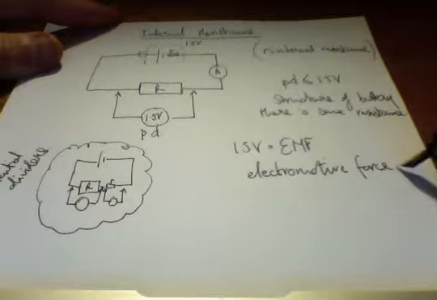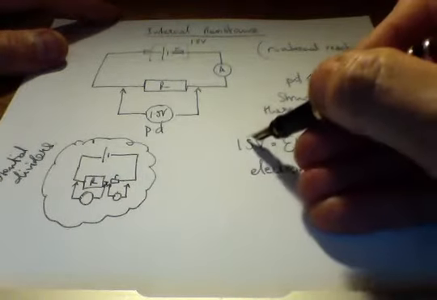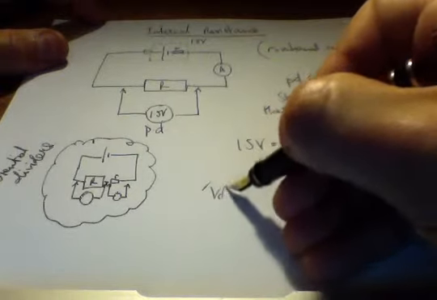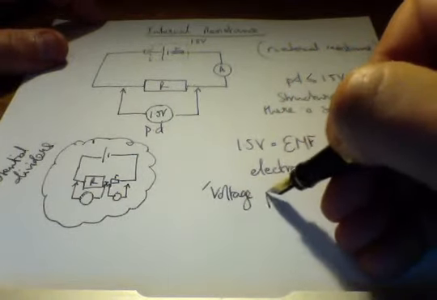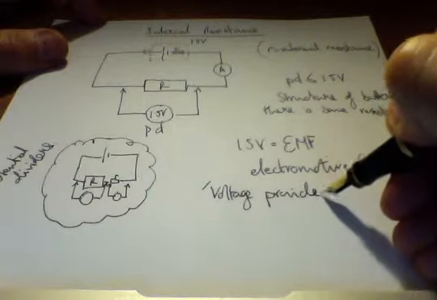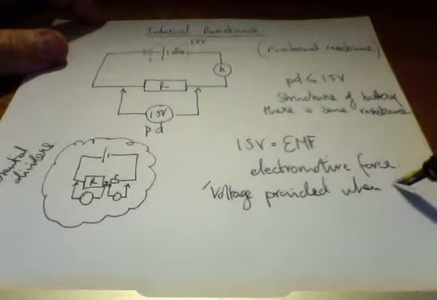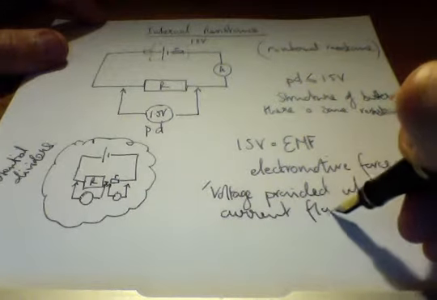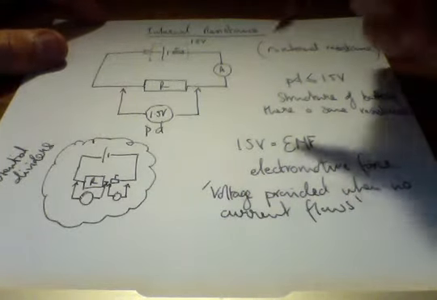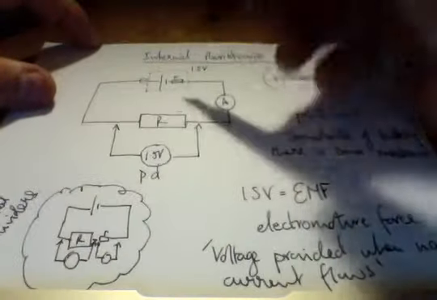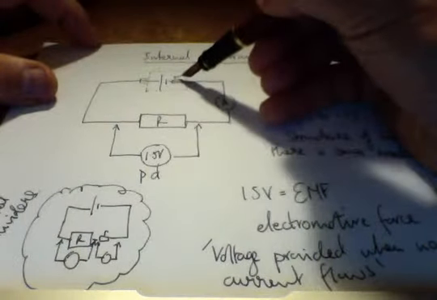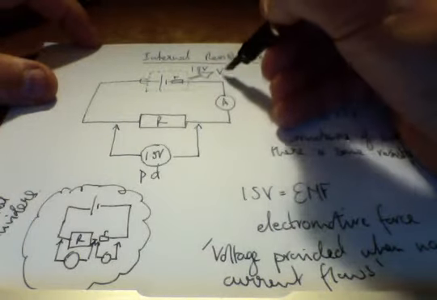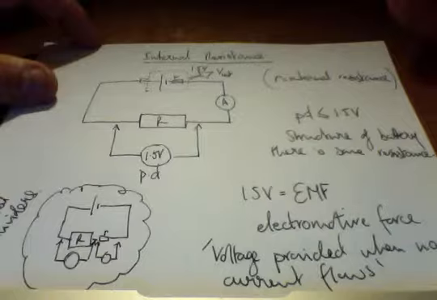And that means, if we need to define it, it's the voltage provided when no current flows. When current flows, of course, the larger the current, the more volts that will be lost from this bit. Let's call them volts lost from there.